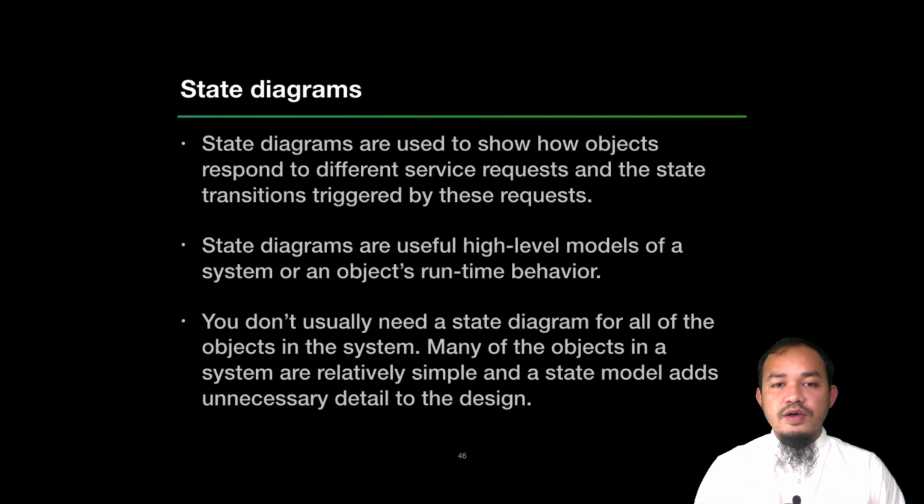State diagram. The state diagram is used to show how objects respond to different service requests and the state transitions triggered by these requests. We use it to see, when we send some kind of event or message to an object, how it will change the status or stage of that thing.